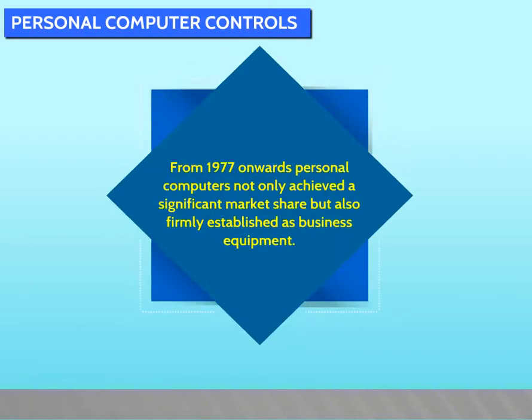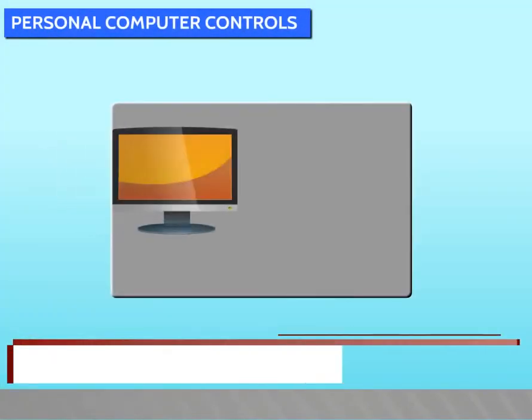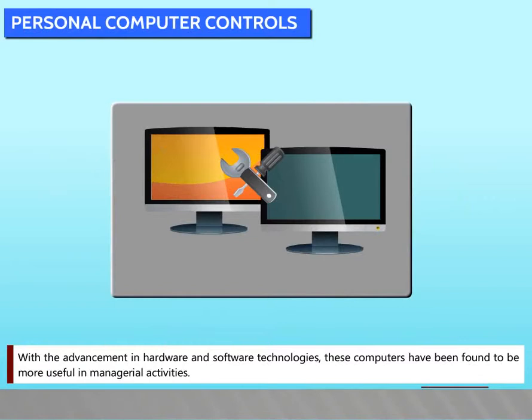From 1977 onwards, personal computers not only achieved a significant market share but also firmly established as business equipment. With the advancement in hardware and software technologies, these computers have been found to be more useful in managerial activities.